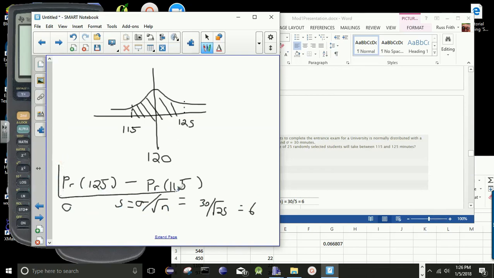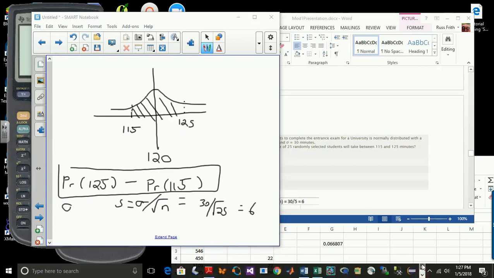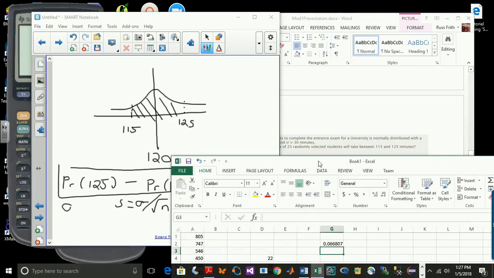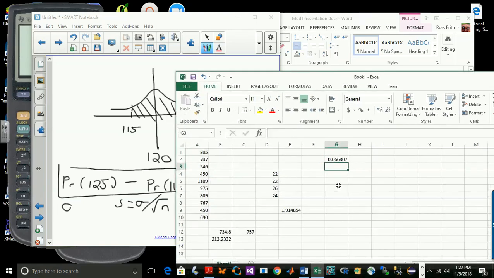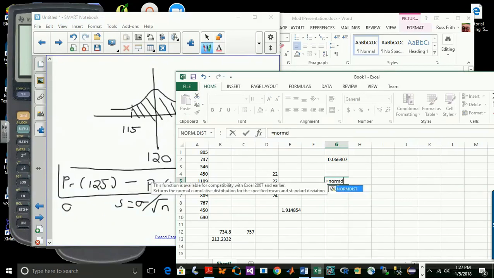So we can use norm dist again for this particular problem, or you can manually calculate it using the standardization techniques. Let's use norm dist. Oops, I need the equal sign, don't I? Equals norm dist. My x value is 125.